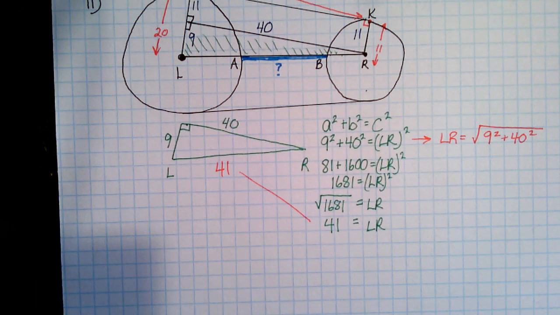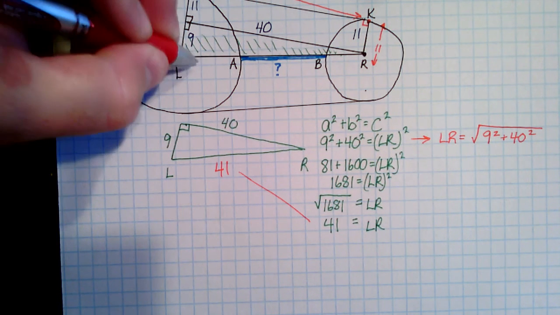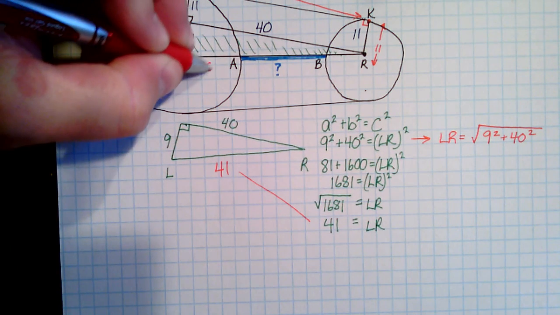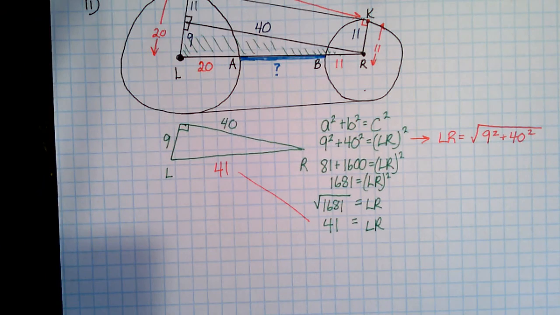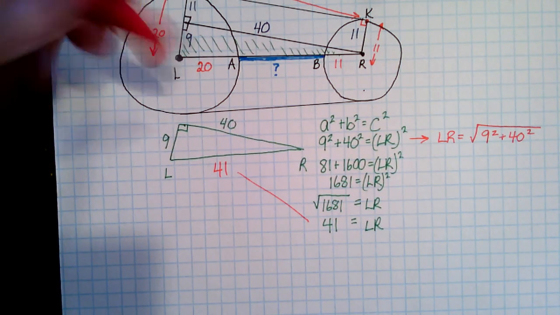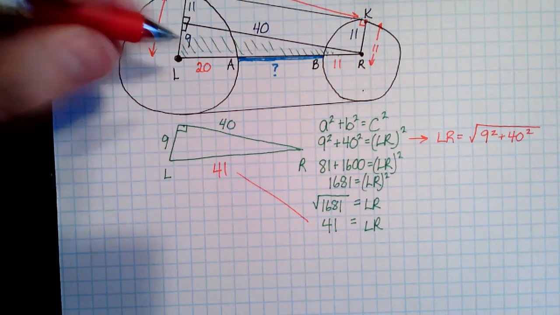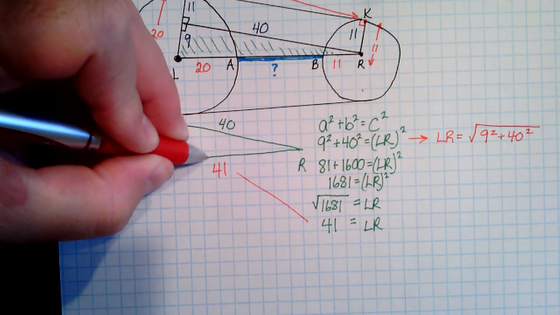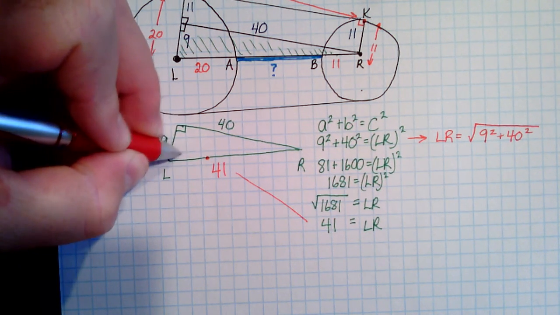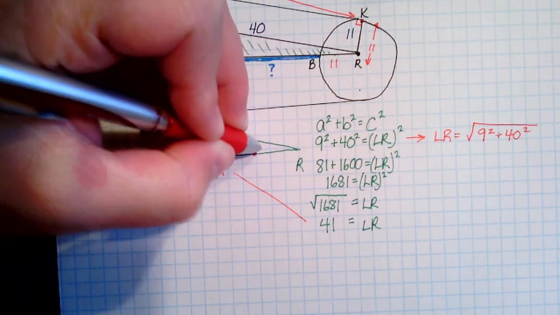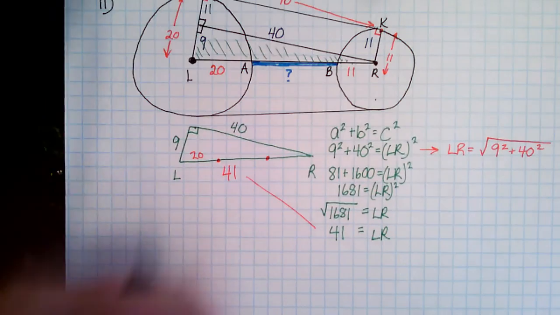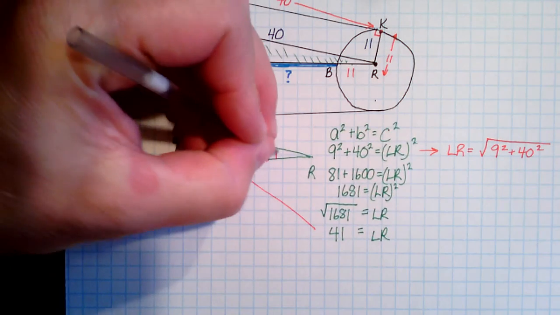Okay. Knowing that we have a radius over here of 20 and a radius over here of 11, you can kind of picture down here on our drawing, this 20, this is 11, obviously not drawn to scale.